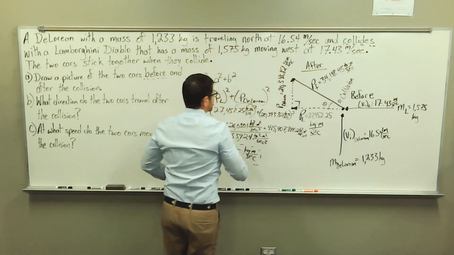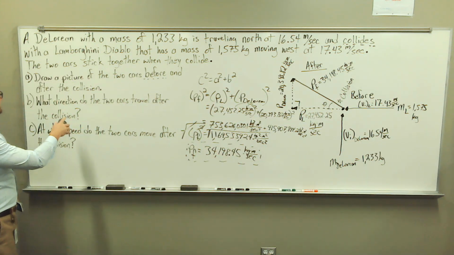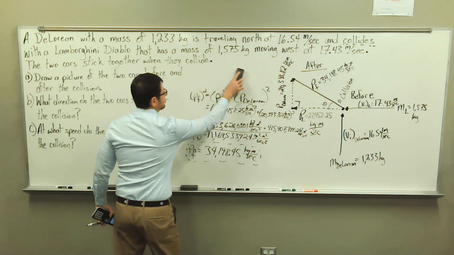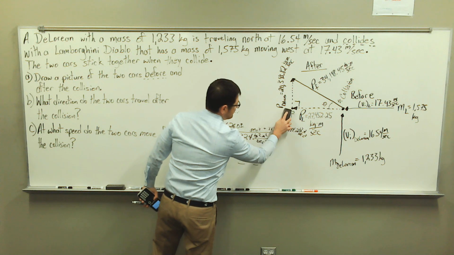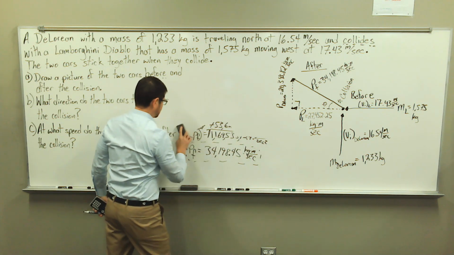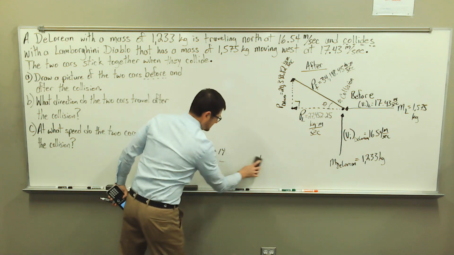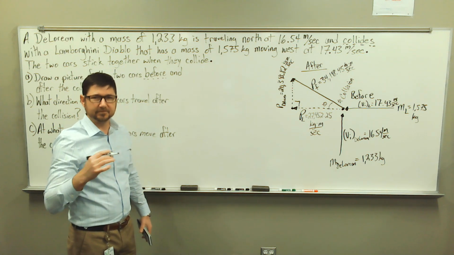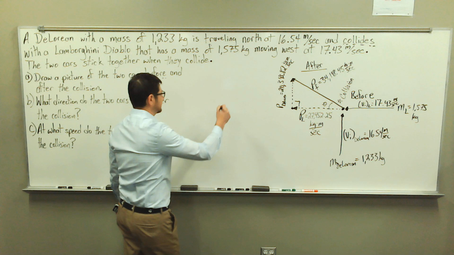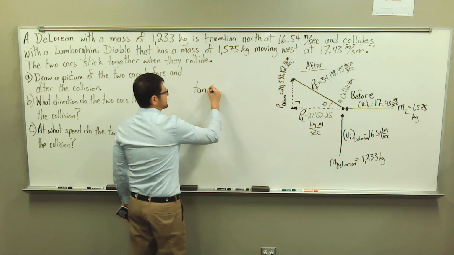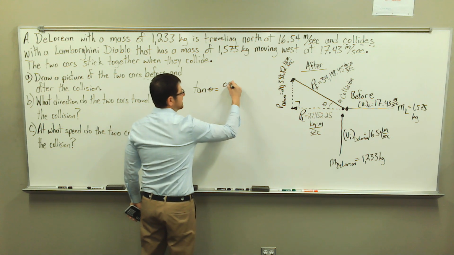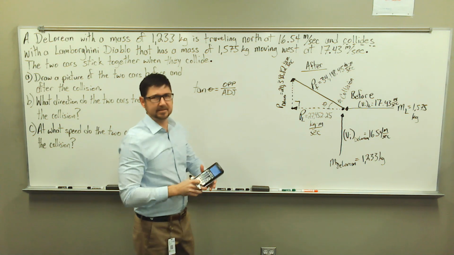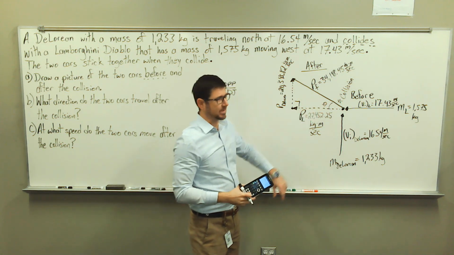Okay, so now part B is asking us, what direction did the two cars travel after the collision? Well, what we want to do is use the base equation. Tangent theta is equal to the opposite side length divided by the adjacent side length, okay? This is with respect to the angle theta here.